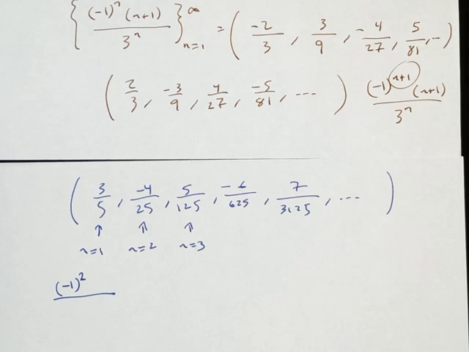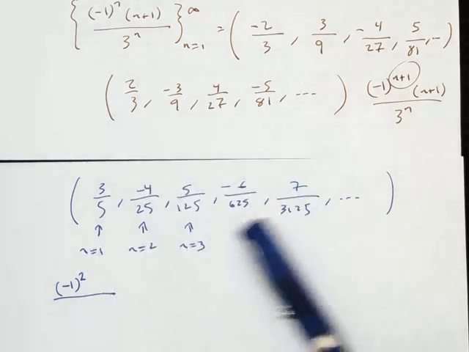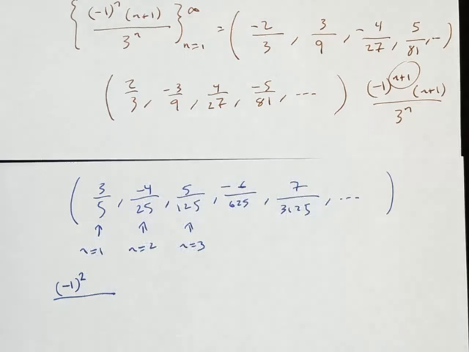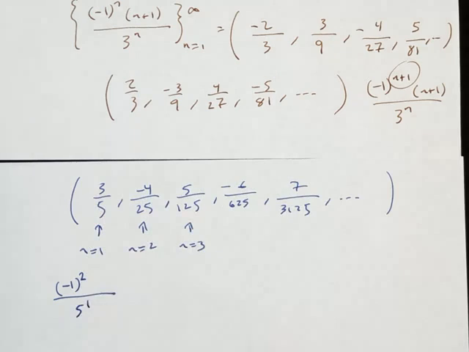I notice, though, that the bottom is jumping by a multiple of 5 at each step, so that's probably multiplicative. That's like a power or something. Like we had here, increasing powers of 3, I see down here, increasing powers of 5. And that first one is 5 to the first.